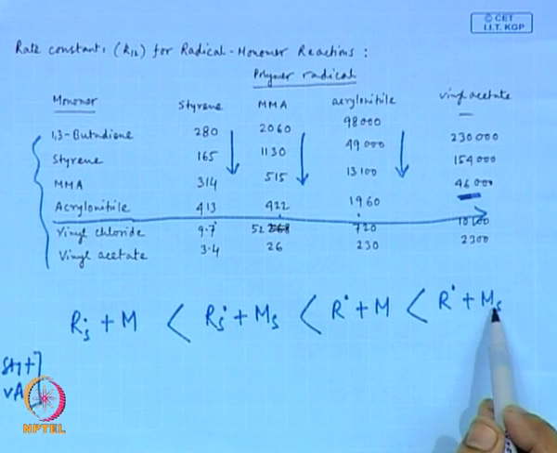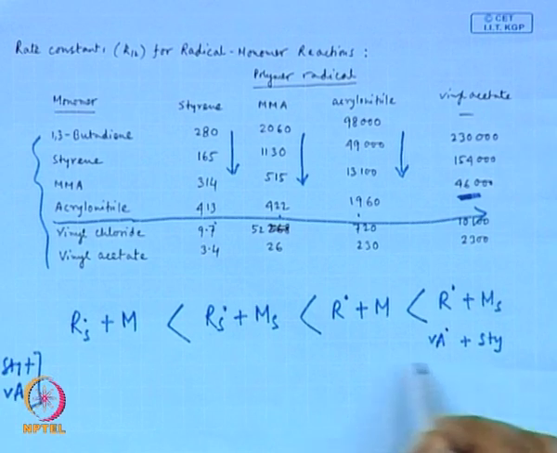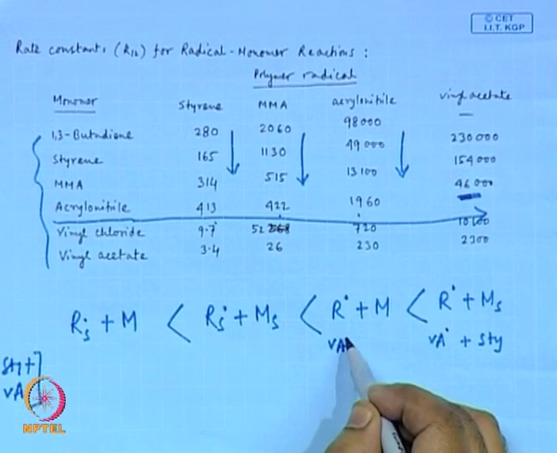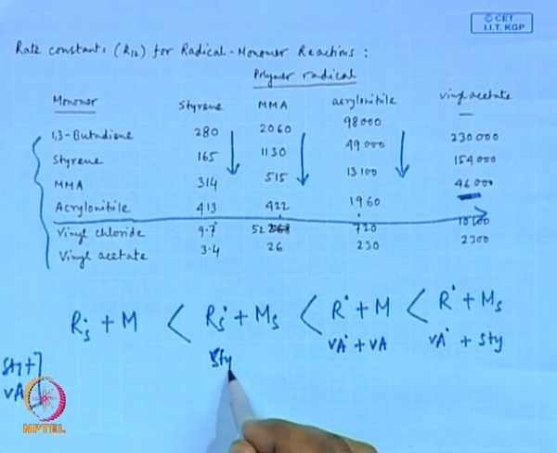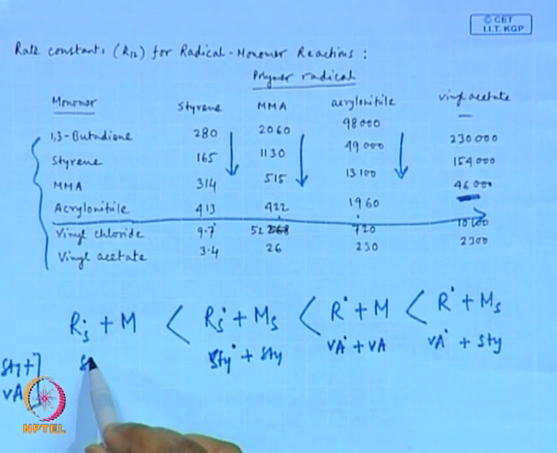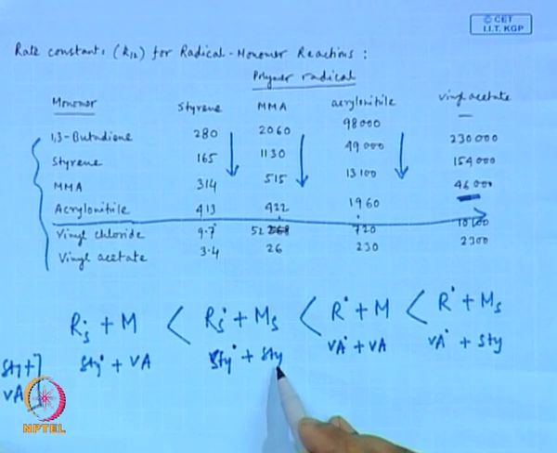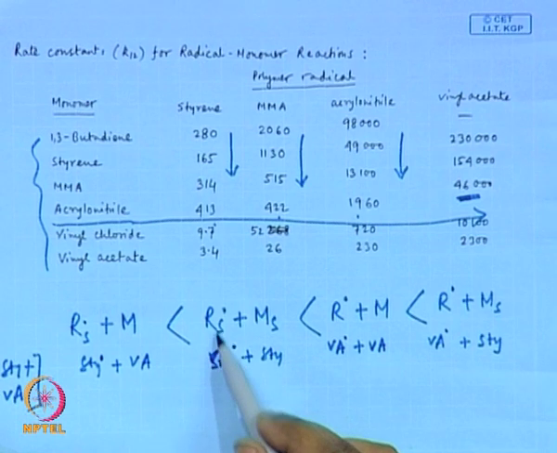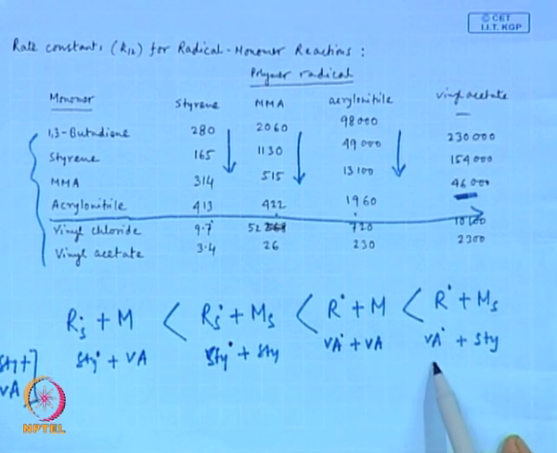So, this is a vinyl acetate radical plus styrene monomer, vinyl acetate radical plus vinyl acetate monomer, styrene radical plus styrene monomer, styrene radical plus vinyl acetate monomer. A stands for stabilized. So, styrene is a stabilized monomer and the styrene radical generated from styrene is a stabilized radical. So, this will have the highest tendency.